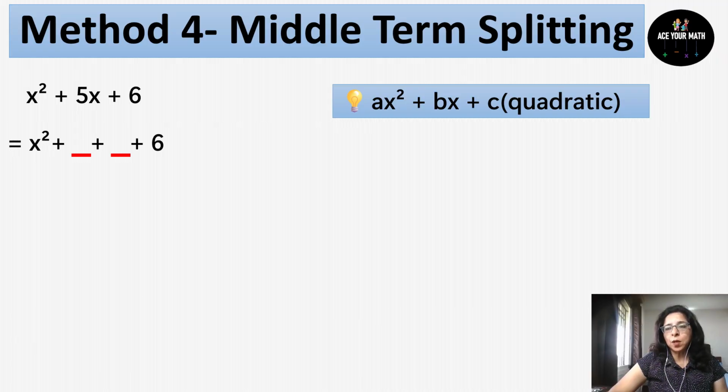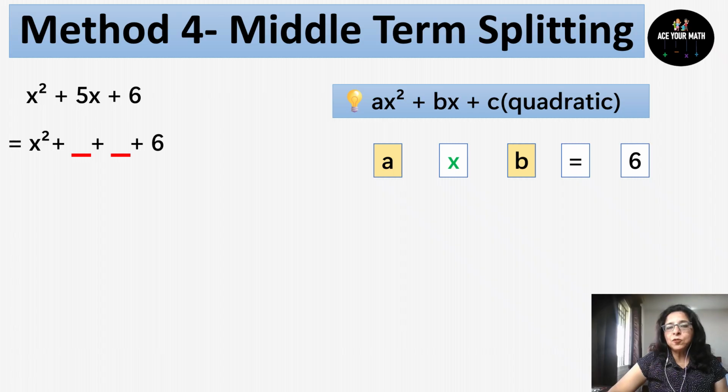You will assume two numbers, a and b, such that when you multiply those two numbers, you should get 6. Why am I saying 6? See, where is 6? The constant in this equation is 6. In the given equation ax square plus bx plus 6, the constant is 6. So when you take two numbers a and b, the product has to be this 6 multiplied by the coefficient of x square.